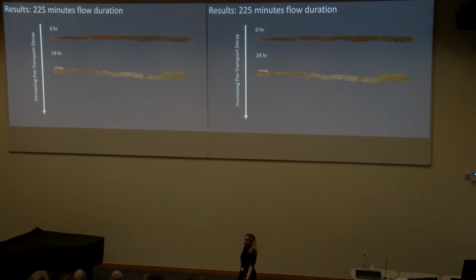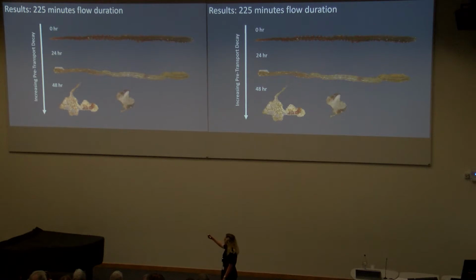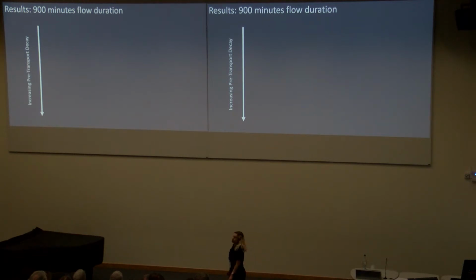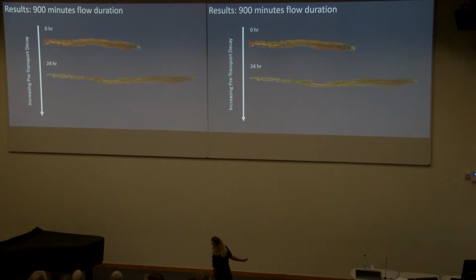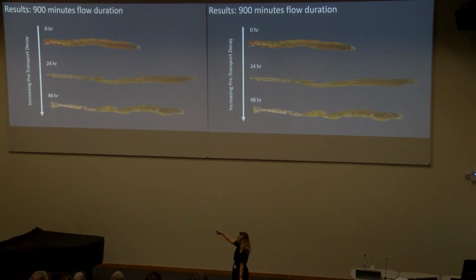At 24 hours we still have a polychaete, quite incredibly. After 48 hours we're just getting some of the remains, just some of the jaws. At 900 minutes of flow duration, over 20 kilometers of transport, you get a polychaete at 0 hours decay, and at 24 hours decay, absolutely amazingly, we still have a polychaete. Then there's 48 hours of pre-transport decay and a further 20 kilometers of transport.